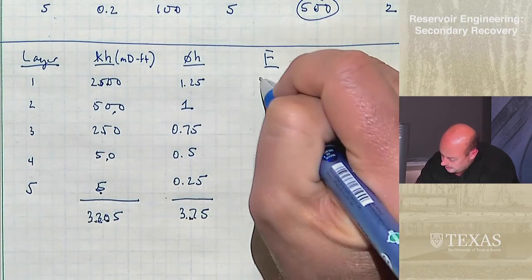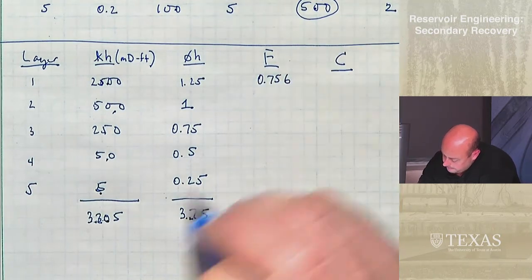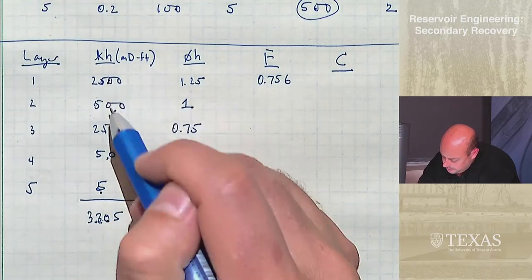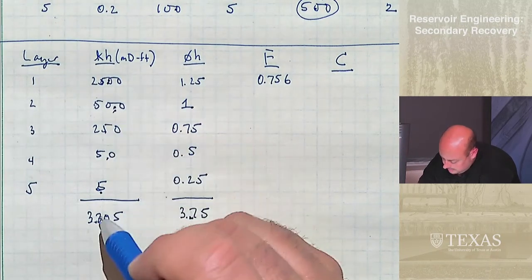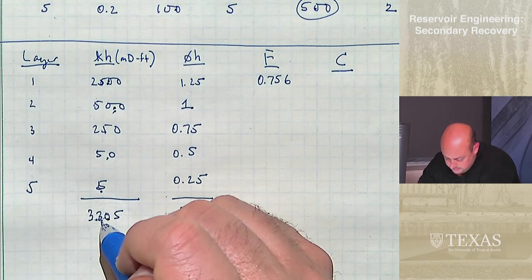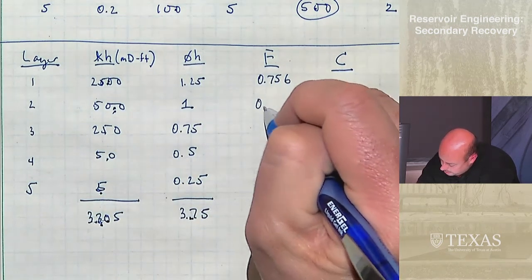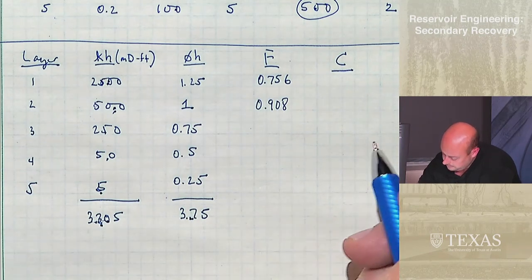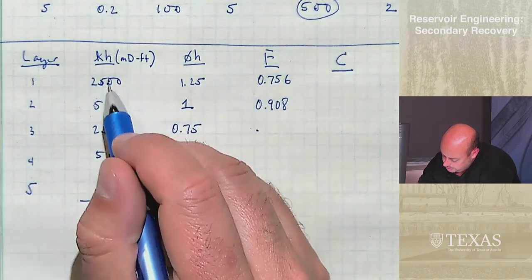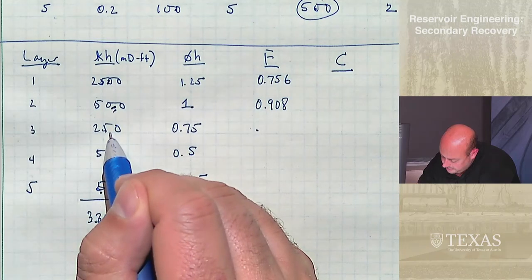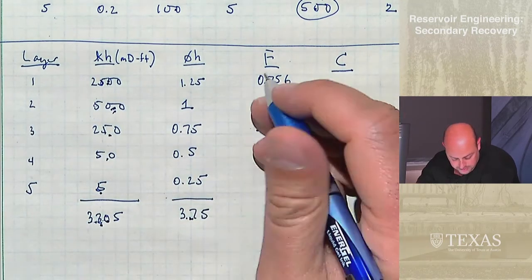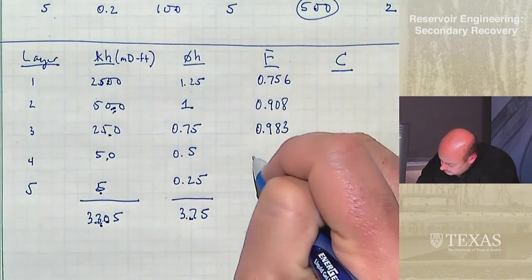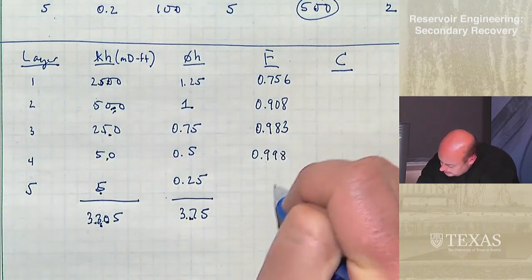You can check my work, but I get 0.756. This is 2,500 plus 500 divided by 3,305. I believe that's 0.908. This is 2,500 plus 500 plus 250 divided by 3,305 is 0.983, 0.998, and 1.